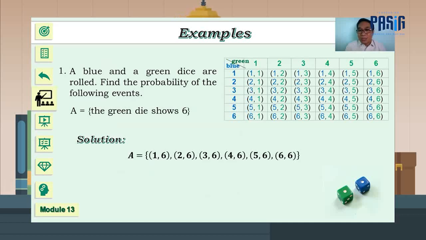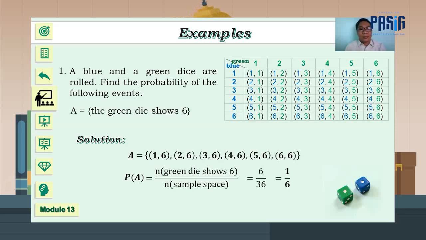Then the sample space is the same, 36. So from the formula, P(A) is equal to the favorable outcomes divided by the sample space, which is 6 over 36. And again, always reduce your answer to lowest terms. The answer is 1 over 6.